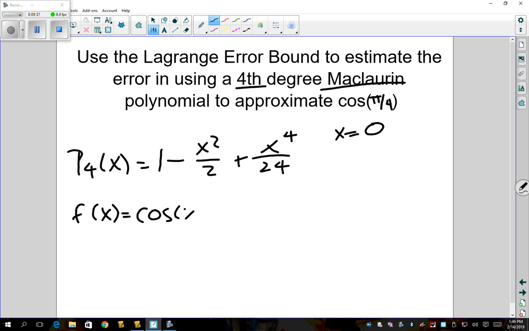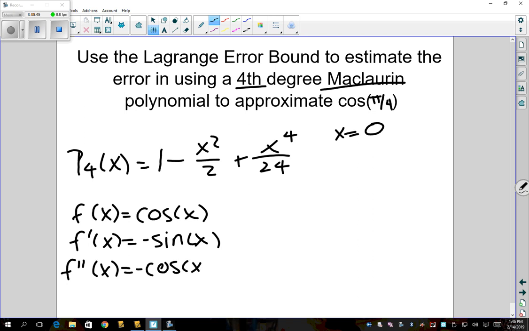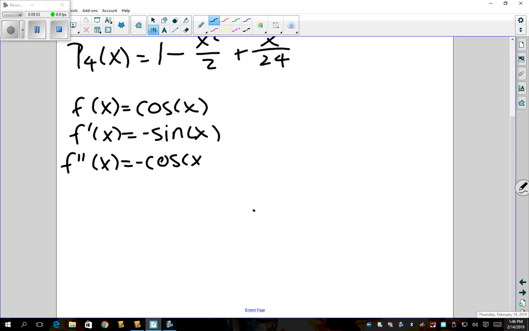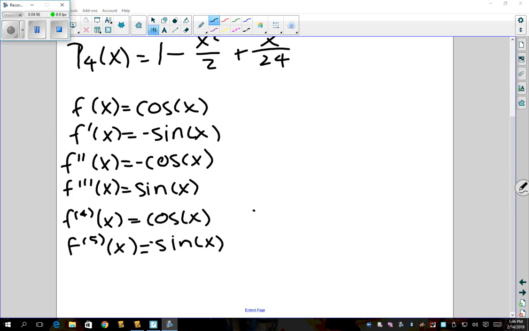So f of x is cosine of x, so we're going to take f prime, negative sine of x, f double prime, negative cosine. And we're just going to keep going down the line until we find the fifth derivative. I'm going to pause there for a second just to write down all of these derivatives. But our fifth derivative is negative sine of x.